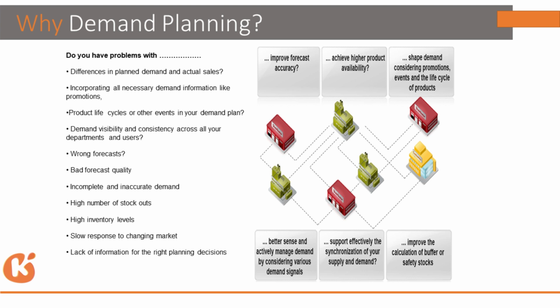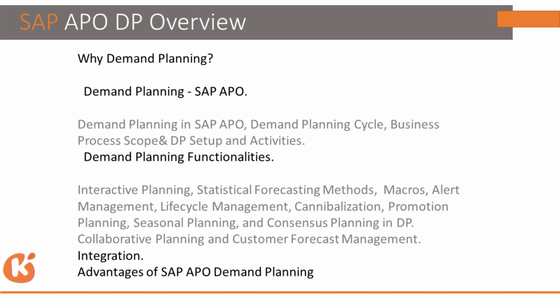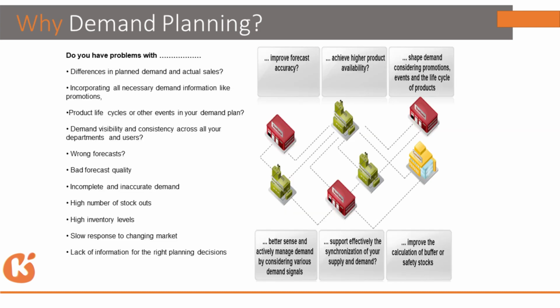And one more difference compared to legacy tools or Excel: APO demand planning has a lot of functionalities, like interactive planning, statistical forecast methods, macros, alerts, life cycle planning, cannibalization, promotion planning, seasonal planning, consensus, collaborative, and customer forecast management. There are a lot of functionalities which you are not able to get in Excel or other legacy tools. So one is we can get more forecast accuracy.